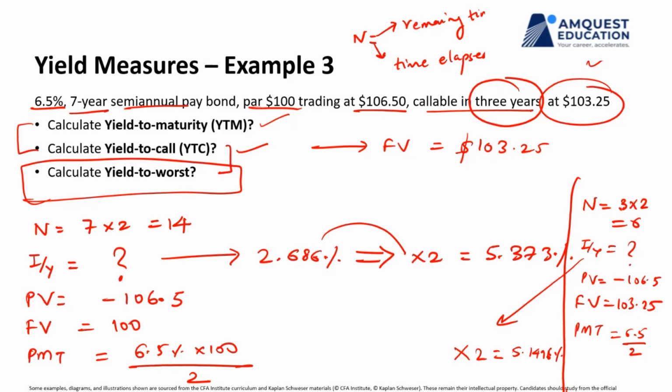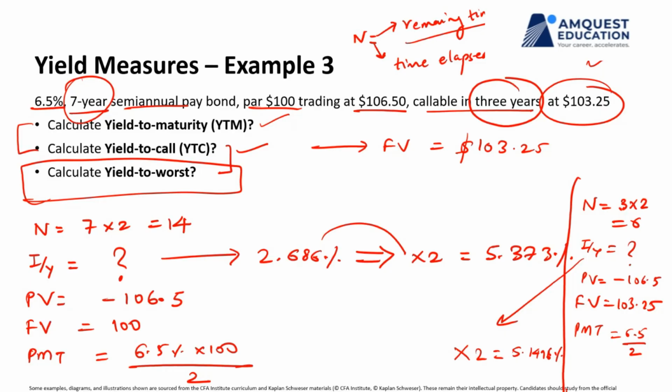If the bond is going to retire, then it is time elapsed. Like callable bond, the bond will retire after 3 years. It will not be alive. Puttable bond, it will not be alive. But if the bond is just going to change hands, I'm going to sell it and you are going to buy it, then remaining time, because for you, there are still 4 years left. Out of 7 years, after 3 years, if I sell this to you, 4 years are still left.